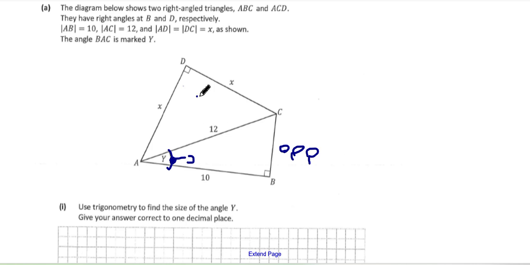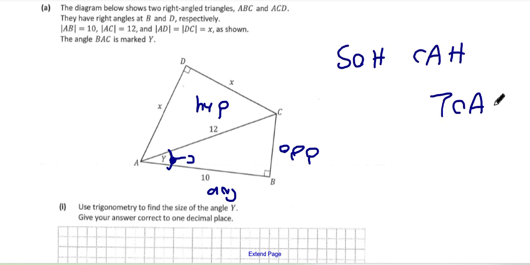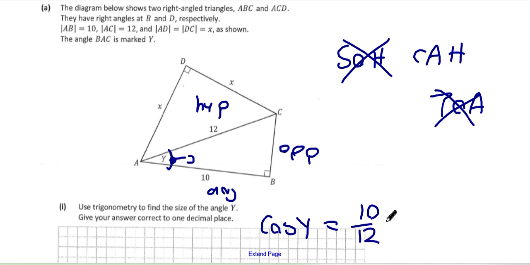The 12 is the hypotenuse, the 10 is the adjacent. So, which function should I use? Am I using the opposite? No. Exactly, so gone and gone. So what's left? Cos. Cos y is 10 over 12.